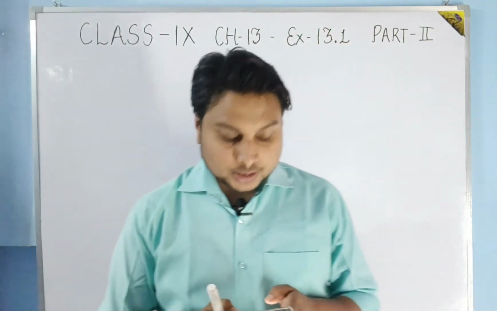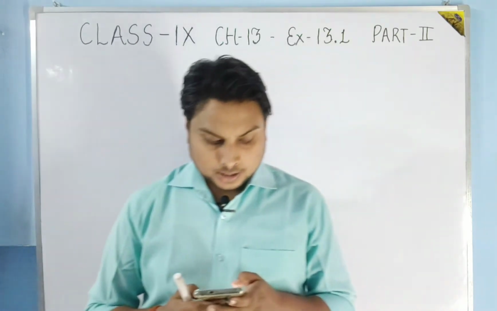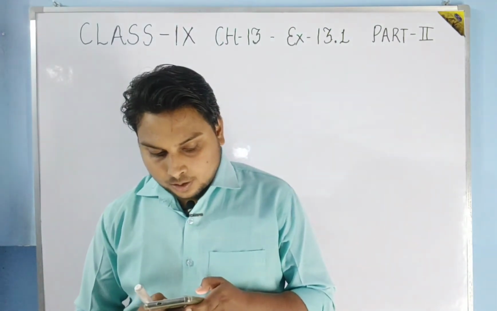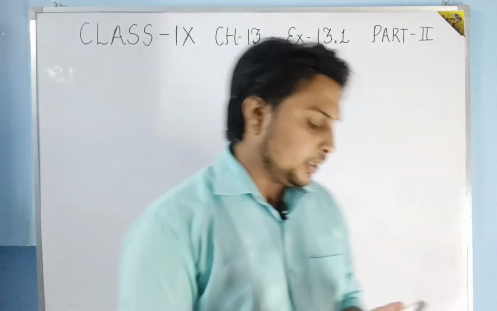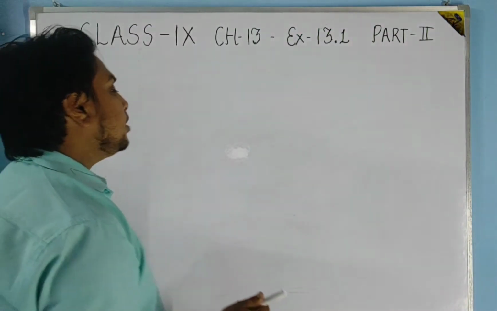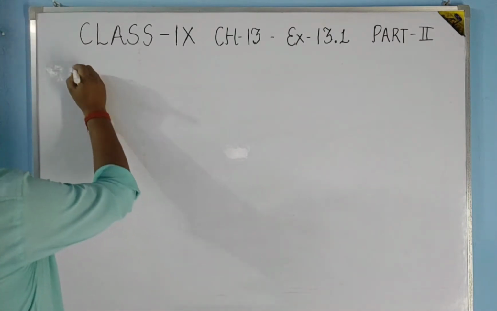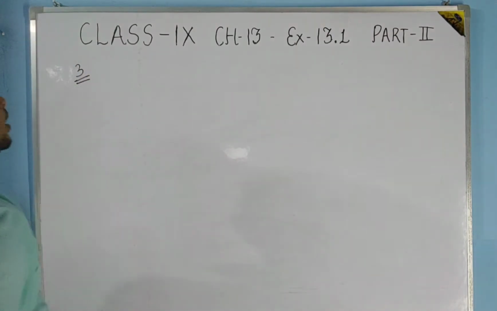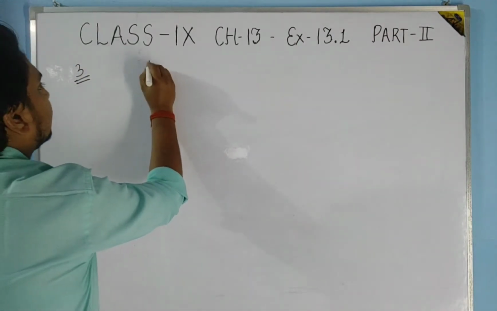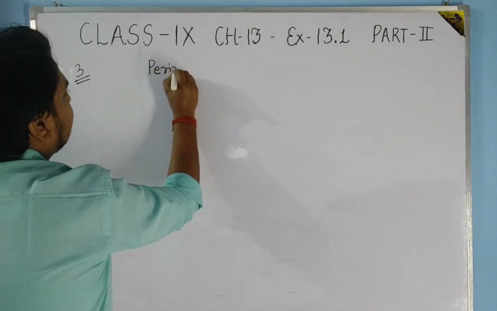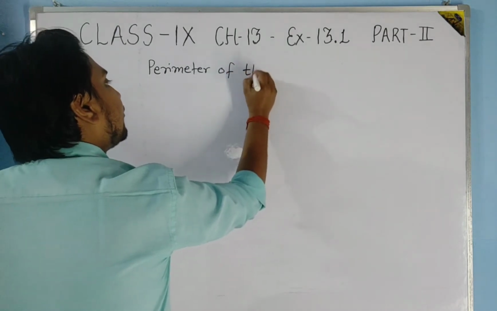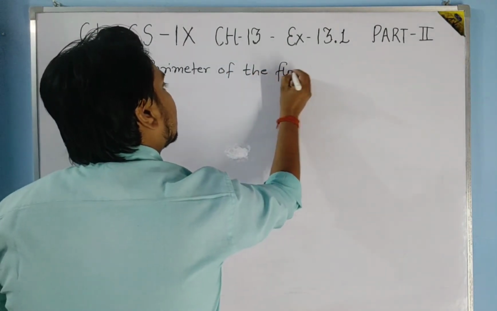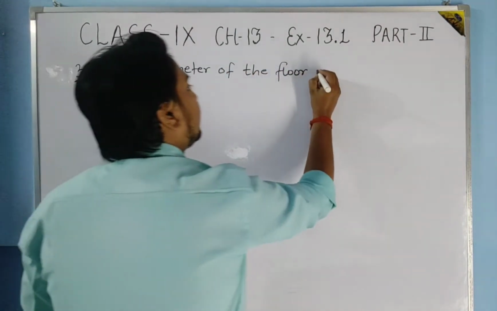Coming to question number 3, students. The floor of a rectangular hall has a perimeter of 250 meter. So one rectangular hall is there, and the perimeter of the floor is given as 250 meter.